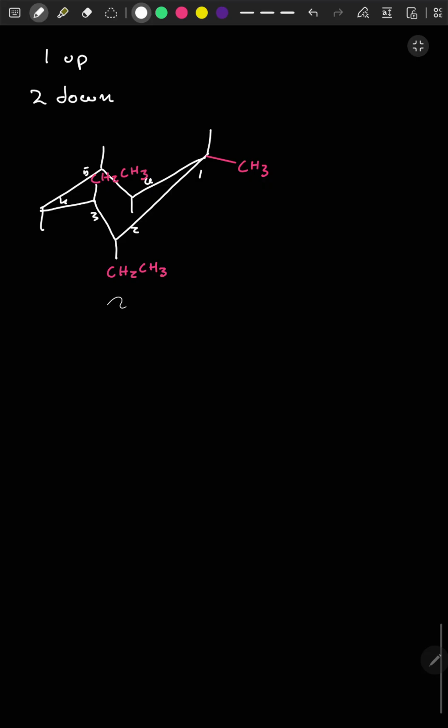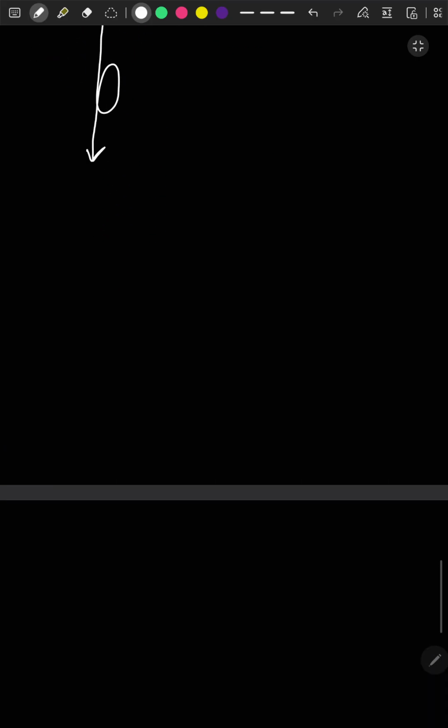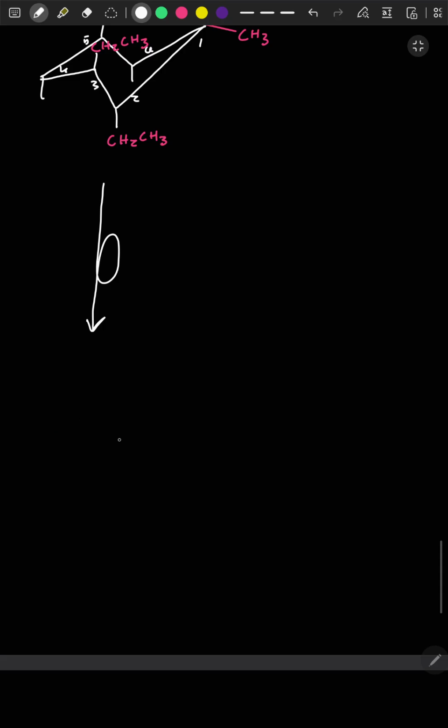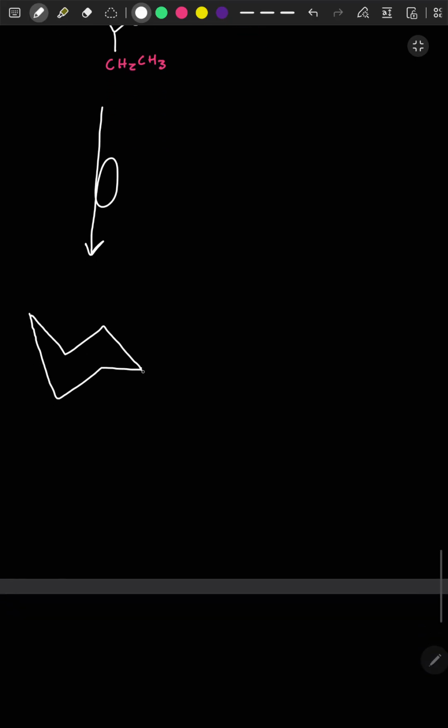So then let's draw the chair flip. A little chair flip right here. Let me just add some extra space. So then just going in the opposite direction with the chair. Oof, that one's pretty bad. Again. Oh well.